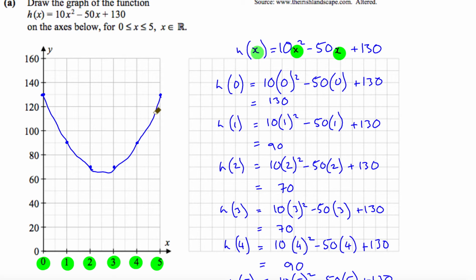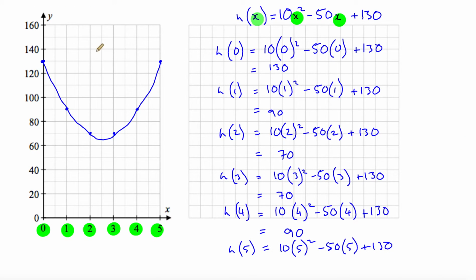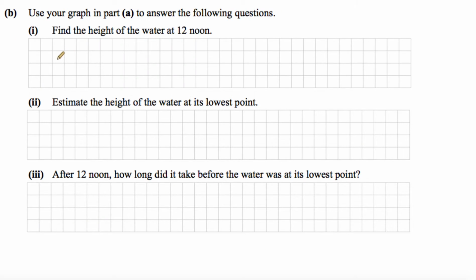You'll be able to draw something a bit better than this. I'm just going to fix the middle here. There we go. Okay, so that's my quadratic, which isn't so smooth, but should be smoother for you. And now I'm going to move on to the next part.